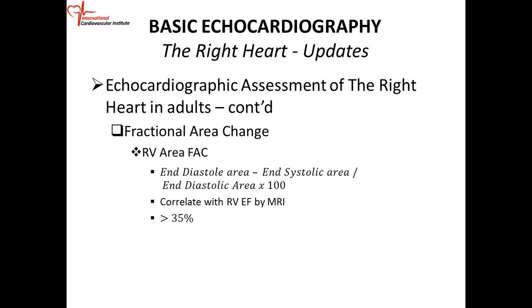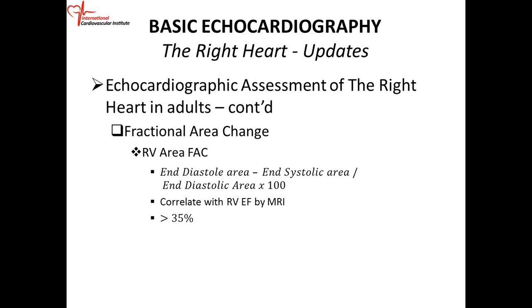We also went over the fractional area change, but this is when we're looking at systolic function. Remember, the fractional area change is basically how much the area changes from diastole to systole. So this is done by looking at the end diastolic area.